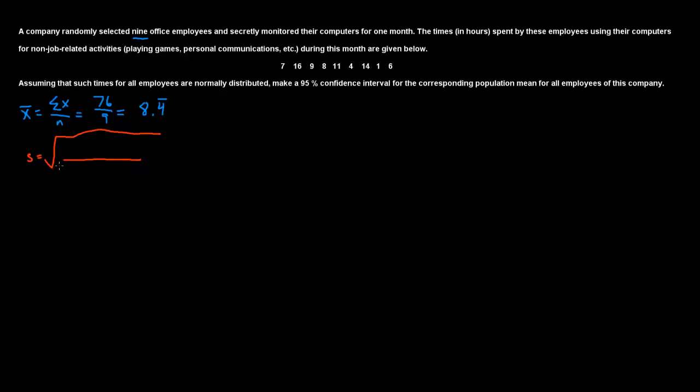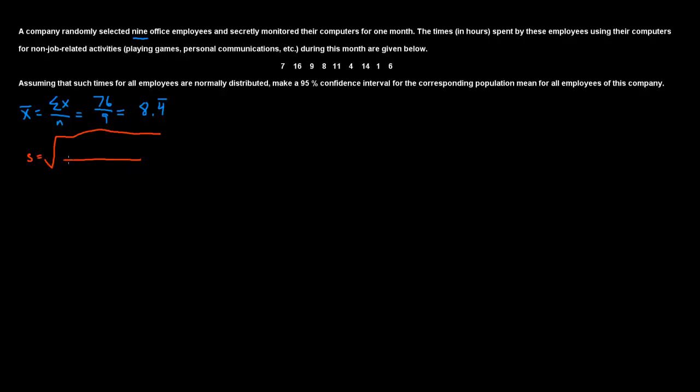Some classes may use the definition type equation for the standard deviation of a sample, where you take the average squared deviations from the mean and take the square root of that.